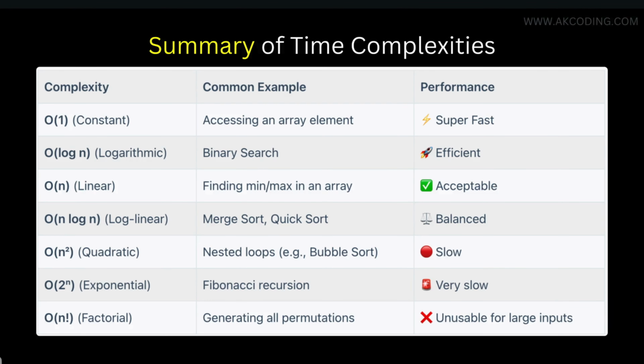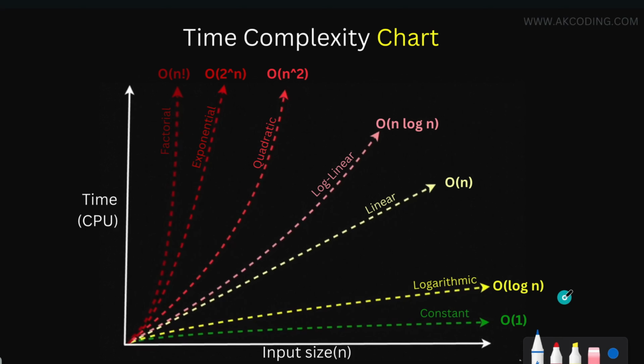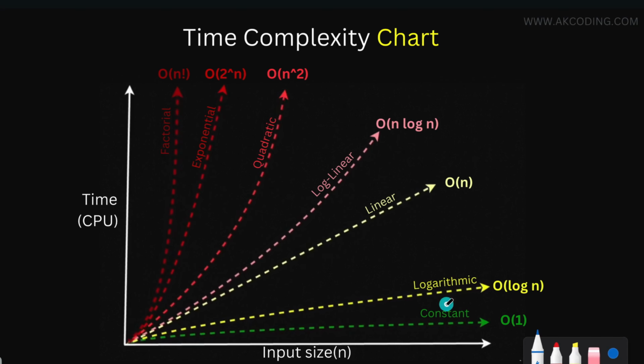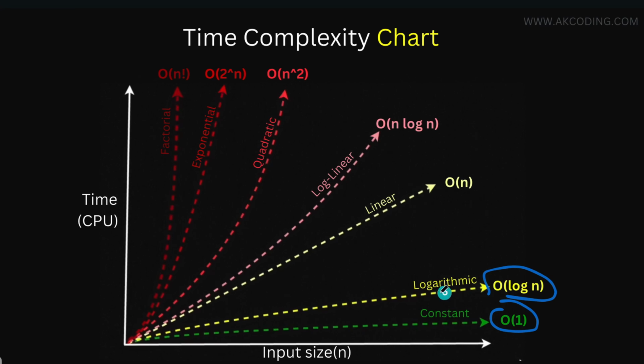Now moving forward, let's see the visual representation of the time complexity chart. Here you can see this chart represents constant time. This represents O of log n, that is algorithmic time.